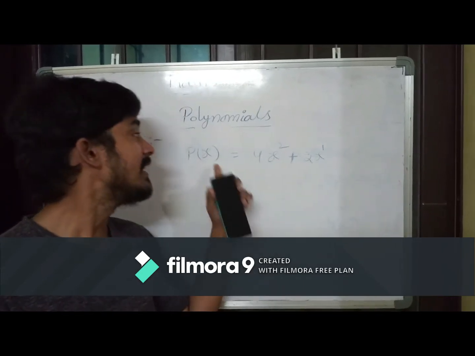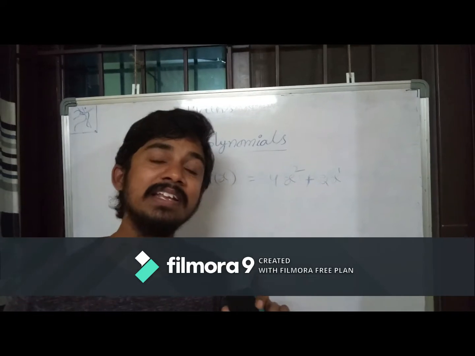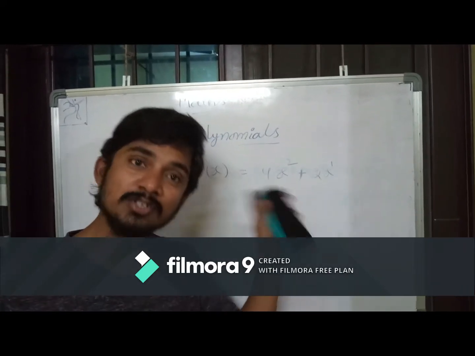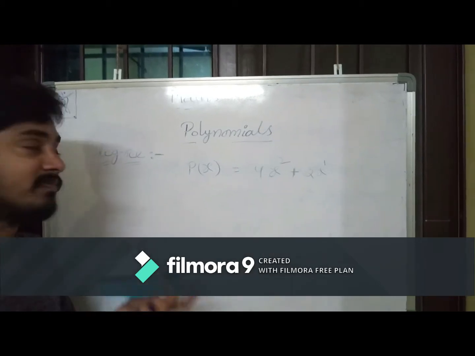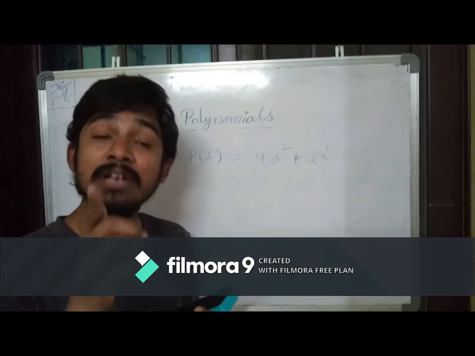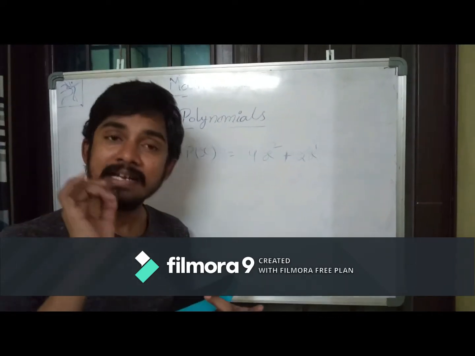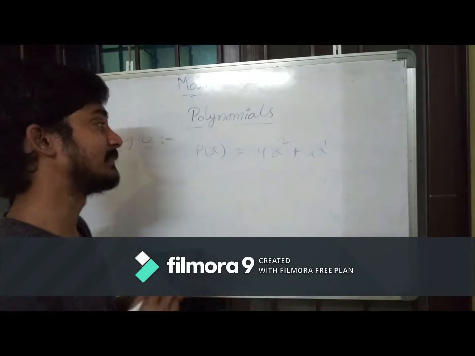So the degree of this polynomial p of x is 2. The highest power of a variable in that polynomial is called the degree of that polynomial p of x.